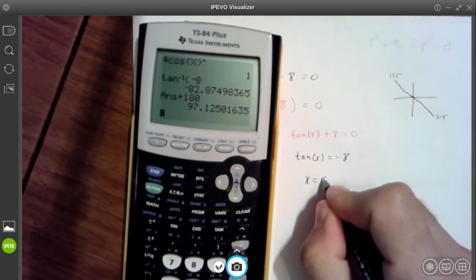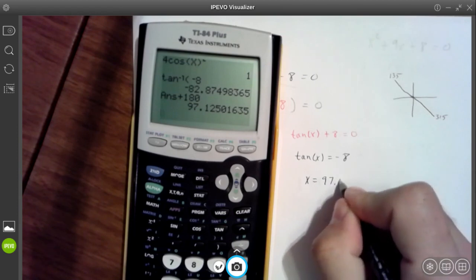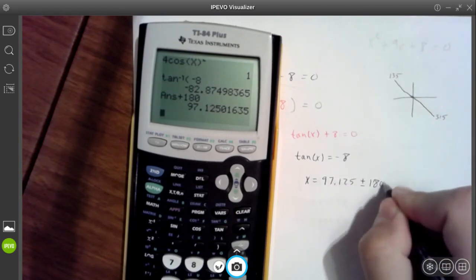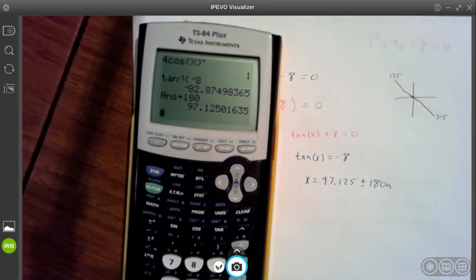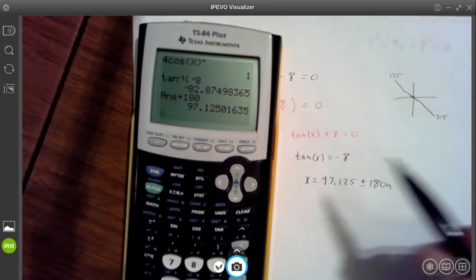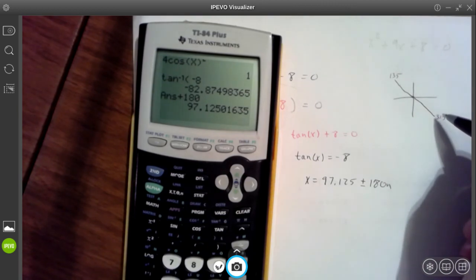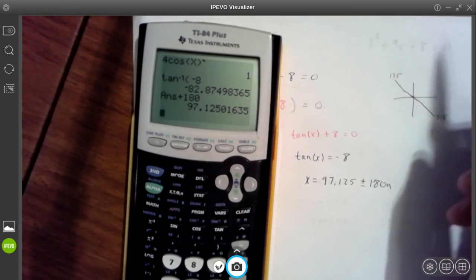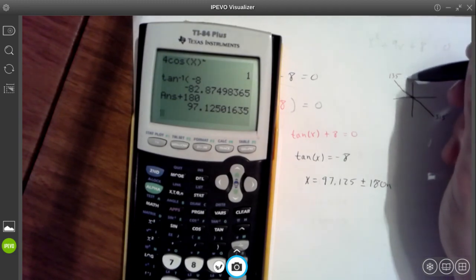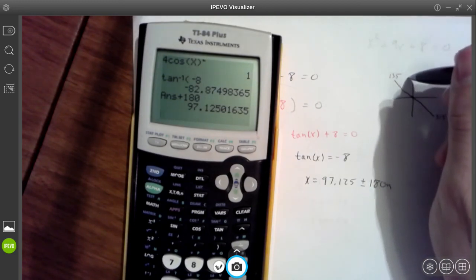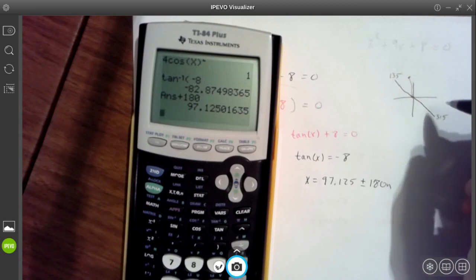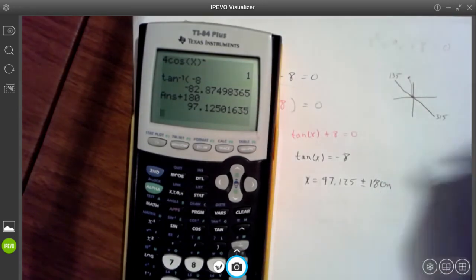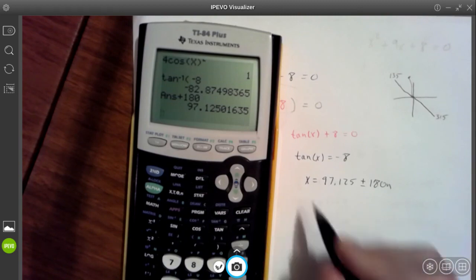So x is equal to 97.125 plus or minus 180n. So that was our answer in the first quad. Whoa, hold on here. Oh, second quadrant. Yeah, 97 is in the second quadrant. And then our other answer was the -82, which is down here in the fourth quadrant, but they're all 180 away. So this is good.